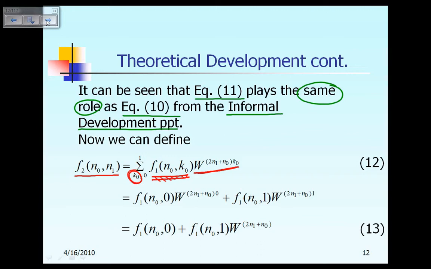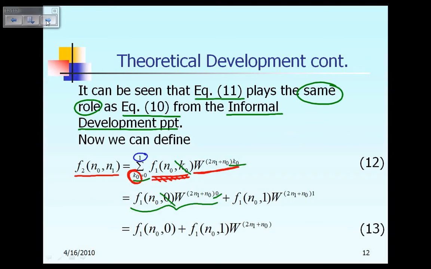Now, let's see what happened. The first thing, just like before, you let k0 equal to 0. That way, you can get this term of equation 12. Then, after that, you let k0 equal to 1.